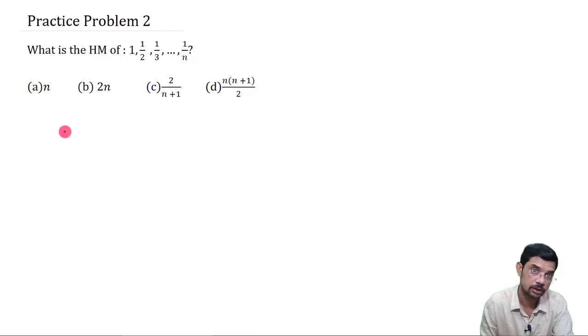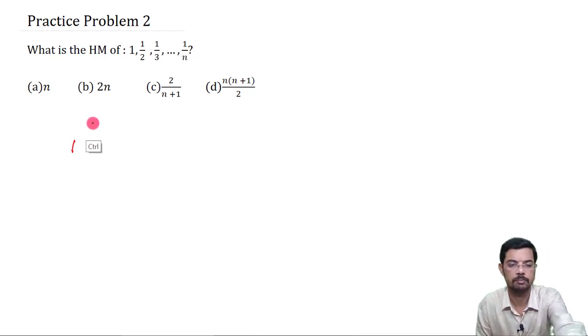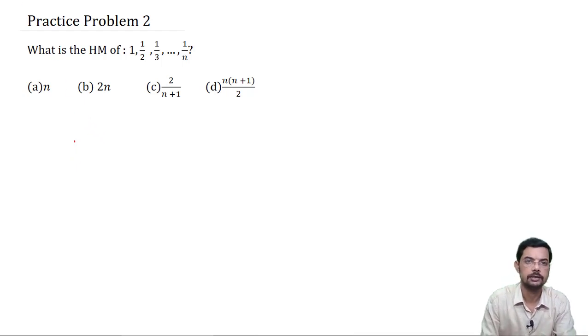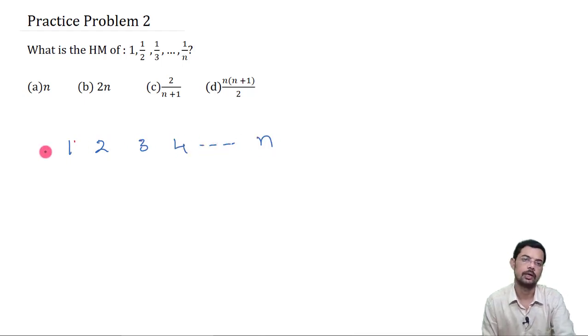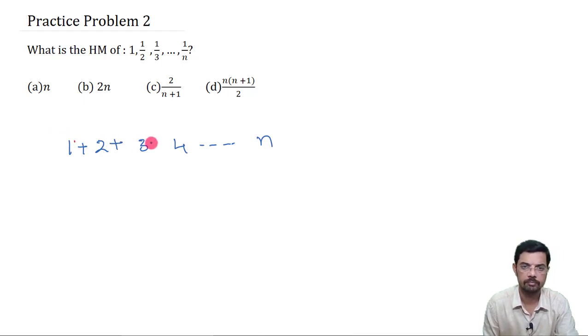The reciprocal of 1 is 1, of 1/2 is 2, then 3, then 4, up to n. Now we will add all of them, and then we'll find the arithmetic mean.